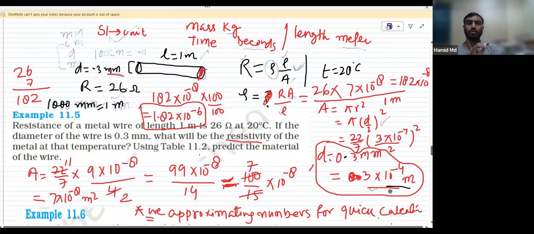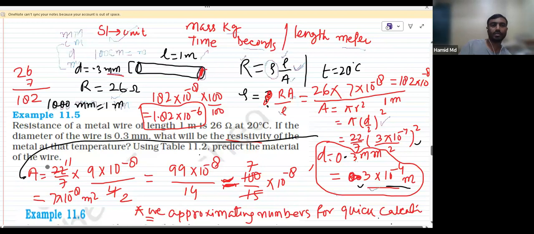Okay, so now we got this value as well, and we are substituting it here. So this is 22 over 7. 3 square is 9. 10 to the power minus 4 square is 10 to the minus 8. And this 2 square is 4. We just solved 22 over 4. This is half, 11 over 2. So 11 nines are 99 and 7 twos are 14.